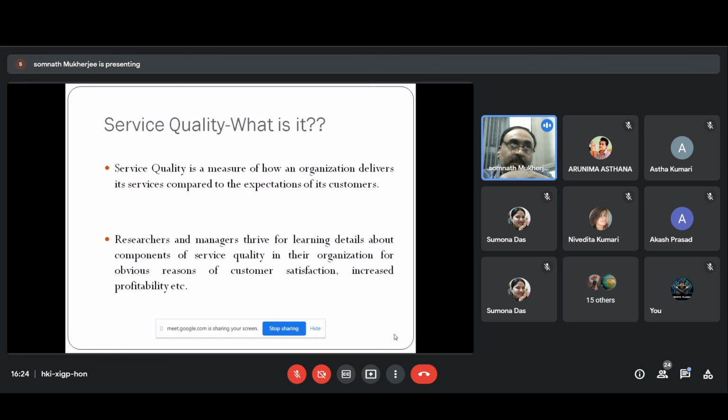Join the STTP, and once it is being delivered to you, a kind of perception that you develop. There is an expectation that you had about me. If your expectation was very high, then there is a dissatisfaction that comes in.